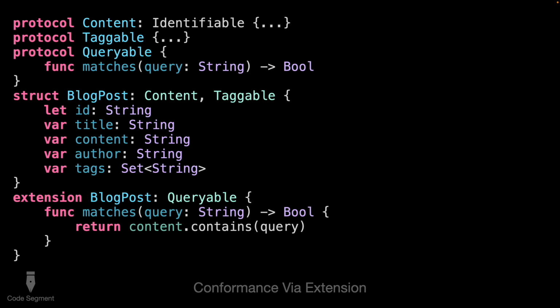You can also conform to protocols and adopt them via extension. So you can write an extension on blog post down here on the bottom that adopts the protocol queryable. We've defined that up above. Queryable requires that any type that is adopting queryable conforms to it by defining a function called matches that takes in a property named query that has a type of string and returns a Boolean, okay?